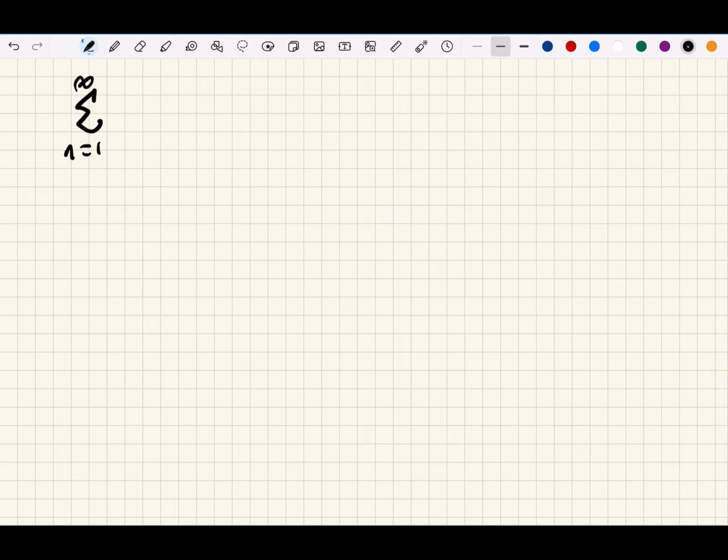Okay, so we have the sum n equals 1 to infinity of 1 over 2 to the n plus 1. Now, what I always do when I'm doing these problems to determine whether or not this series is convergent or divergent is I always start with some sort of a suspicion.